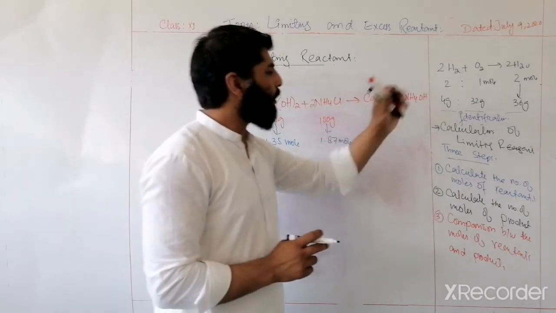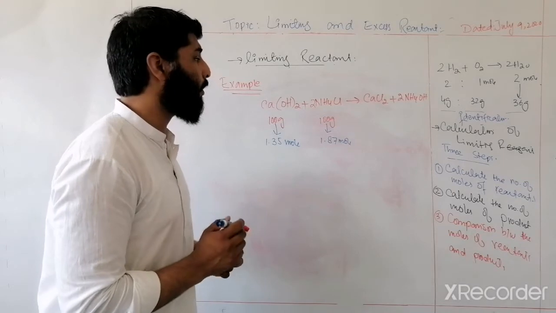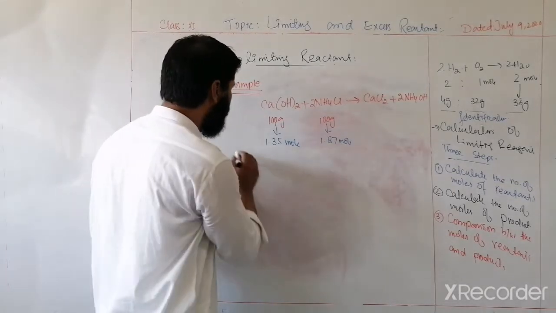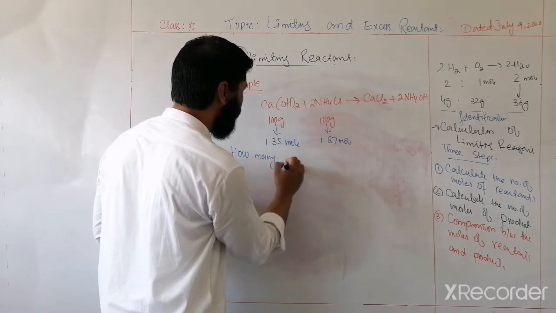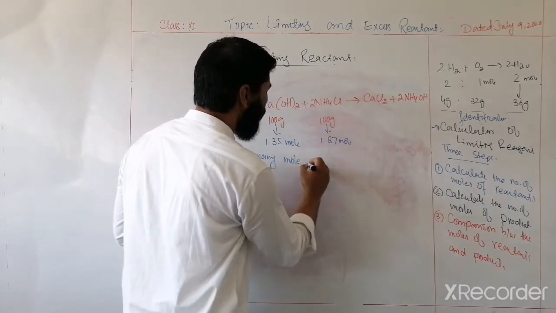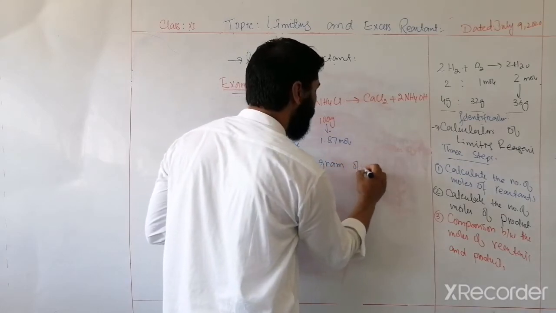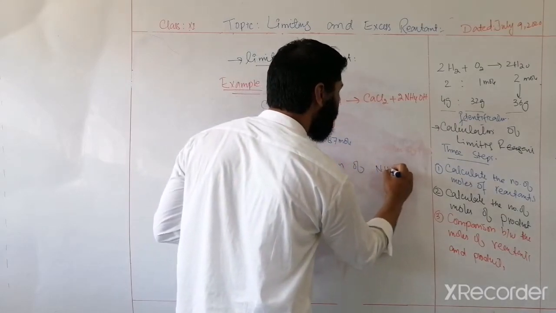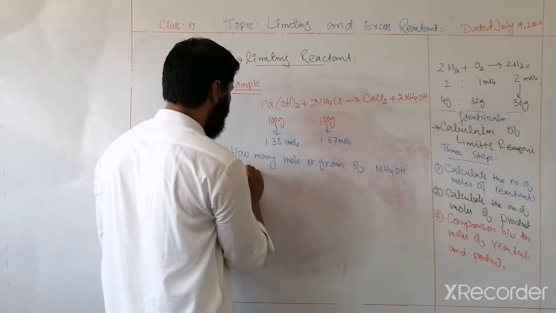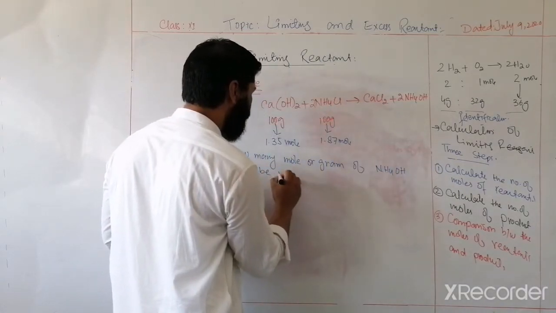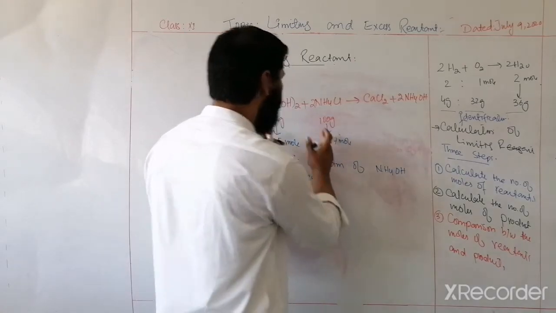Students, you are asked to find how many moles or grams of ammonium hydroxide will be produced during this reaction.